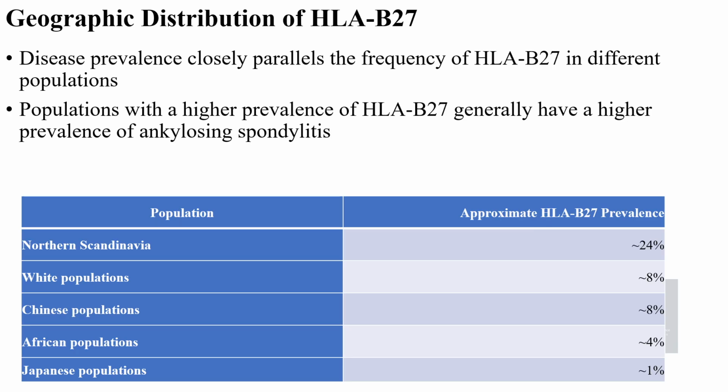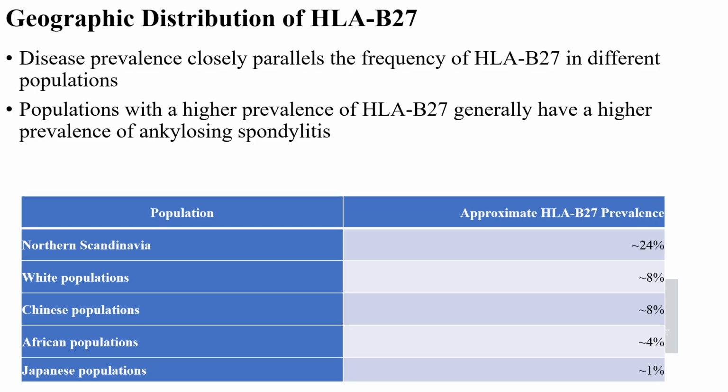The distribution of HLA-B27 across the world helps explain why ankylosing spondylitis is more common in some populations than others. In general, populations with a higher frequency of HLA-B27 also tend to have a higher prevalence of the disease. For example, HLA-B27 occurs in about 24% of people in northern Scandinavia, compared with around 8% in white and Chinese populations.